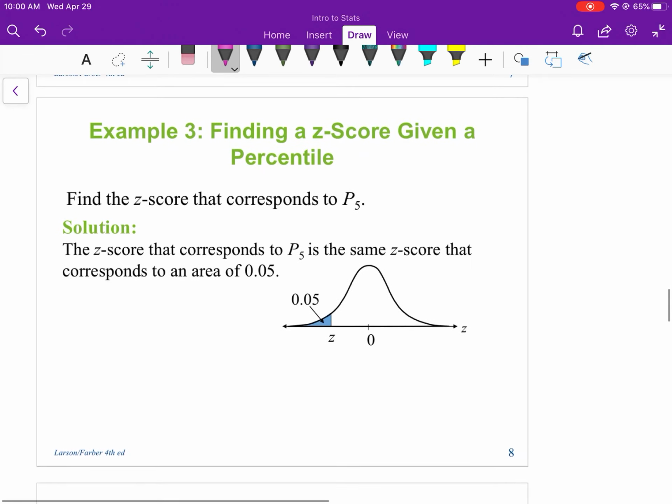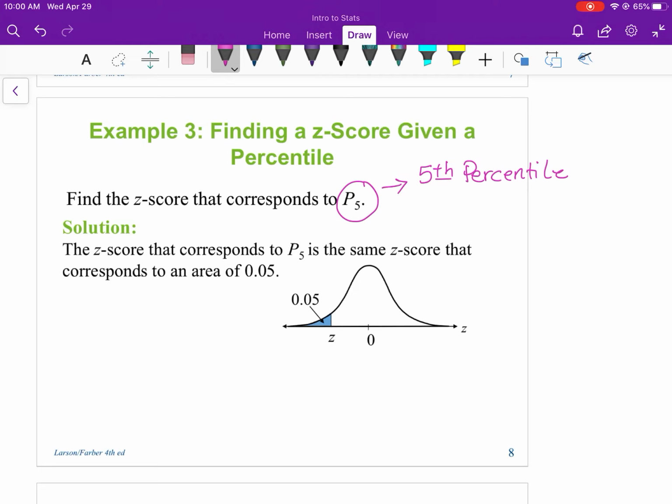Now you can directly tie z-scores to percentiles. So this represents the 5th percentile. If you scored in the 5th percentile of weight as a baby, that meant 5% of the babies born during that time period weighed what you weighed or less, 95% were heavier.